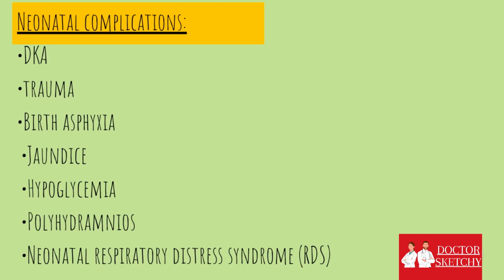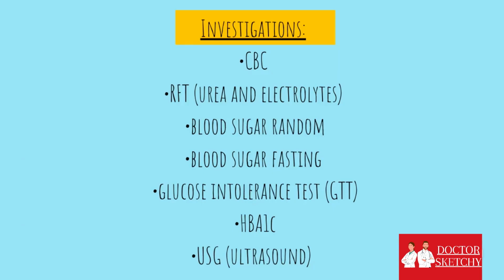So let's say your patient had 2 episodes of glycosuria and has a history of previous stillbirth. So, what investigations should be carried out to confirm your diagnosis about diabetes? Well, CBC, RFTs as it is going to affect the renal system more, blood sugar random, blood sugar fasting, glucose tolerance test, HbA1c.